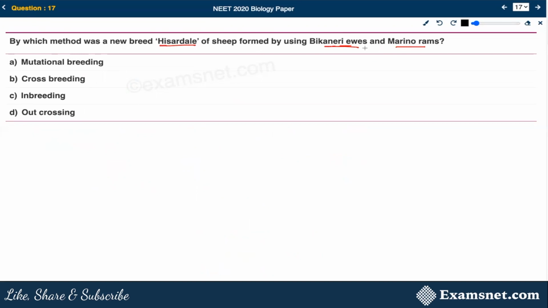So basically Hisardale is a new breed of sheep that was actually developed in Punjab.